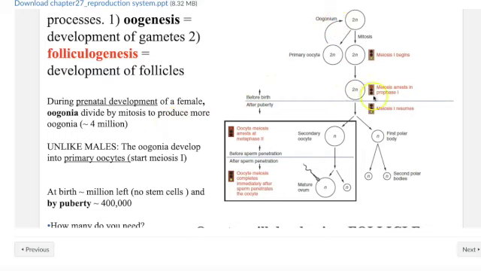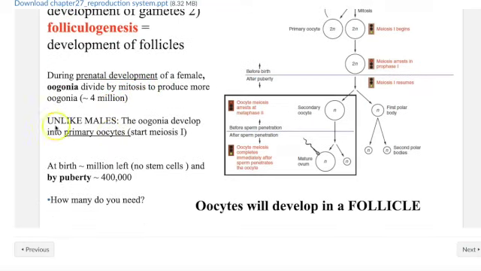Before birth, all of this is made. About 4 million is made. During prenatal development of a female, oogonia divide by mitosis and reproduce to more than 4 million. But unlike in males, the oogonia develop into primary oocytes, and they will start meiosis 1.